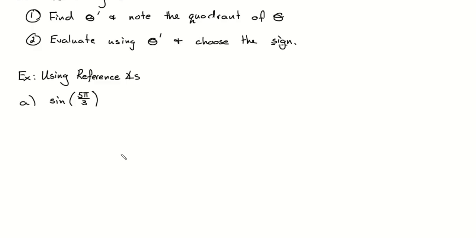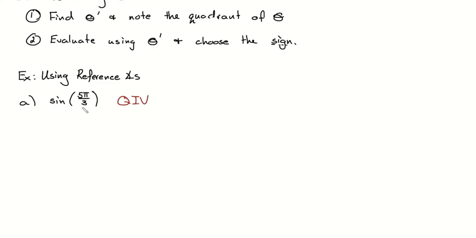I'm just doing that same thing where I cut it into fourths. I know that 5 over 3 is bigger than 4.5 over 3. Okay, so as I'm looking at this, quadrant 4. Okay, I'll make that note.